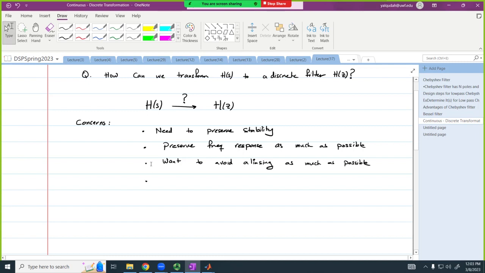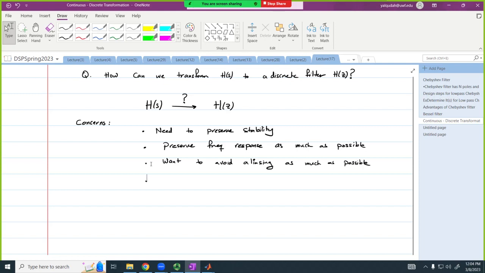We have to make sure that the sampling frequency agrees with the filters that we're using. The sampling frequency is going to have a big impact on how the filter is going to look. And yes, I want to make sure that for that sampling frequency, I'm not designing a filter that, because of the aliasing, is not going to work. Make sense? This is continuous time, we're going to transform it to discrete time.